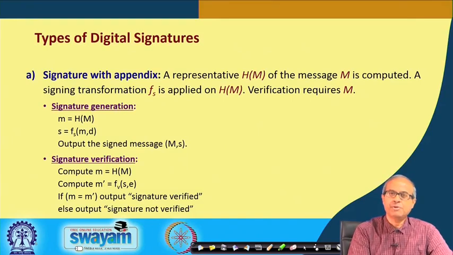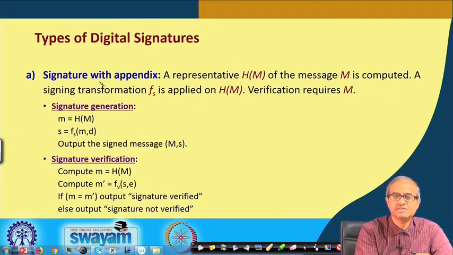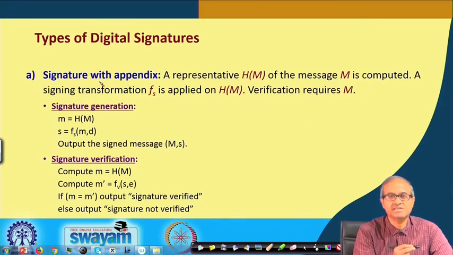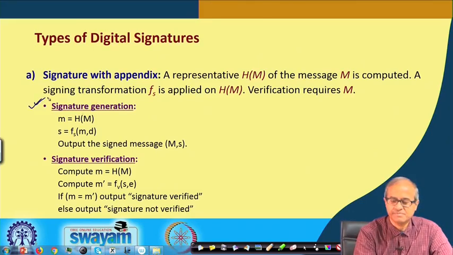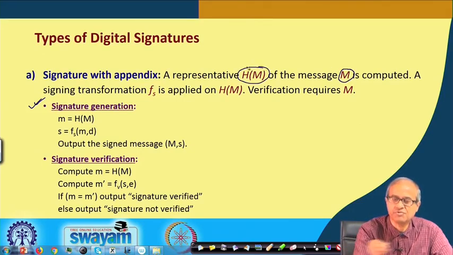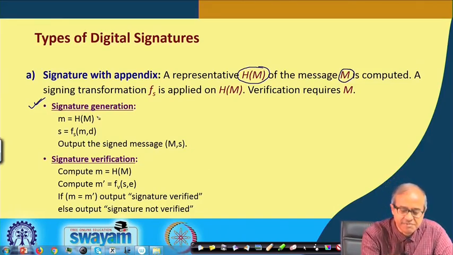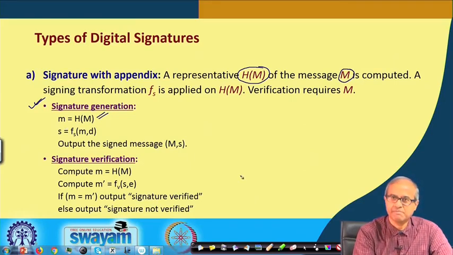All right. Talking about types of digital signatures, let us look at the first one, which is signature with appendix. Well, what is done here? You see here in the signature generation process, we start with a message M. First we compute a hash value using a hash function. So, in the first step we say small m equals h of capital M. We generate the hash value of the message and generate a hash digest small m.